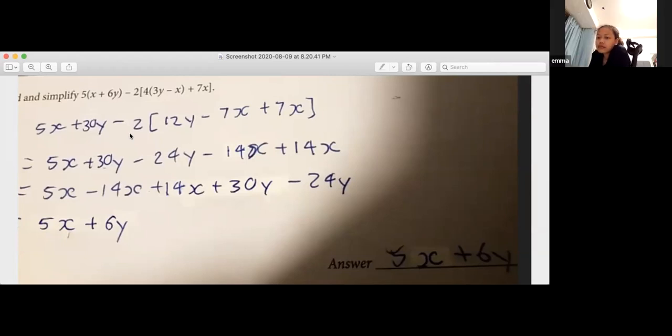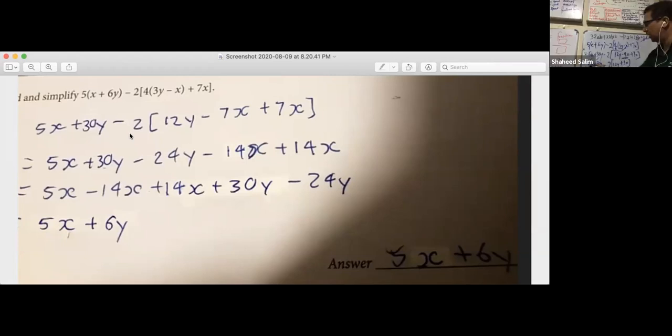Now, notice, one mistake right at the top here causes the entire sum to be wrong. So can you complete it?